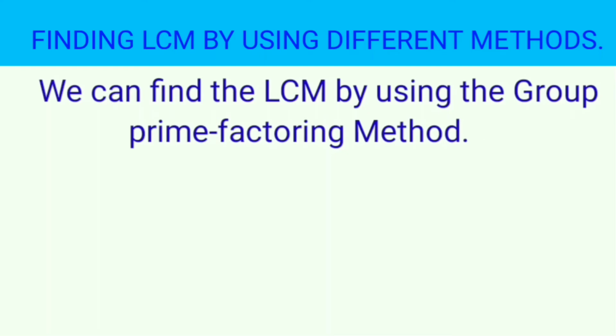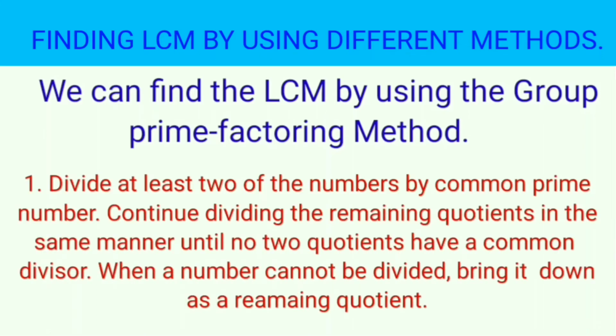We can find the LCM by using the group prime factoring method. Divide at least two of the numbers by a common prime number. Continue dividing the remaining quotients in the same manner until no two quotients have a common divisor.